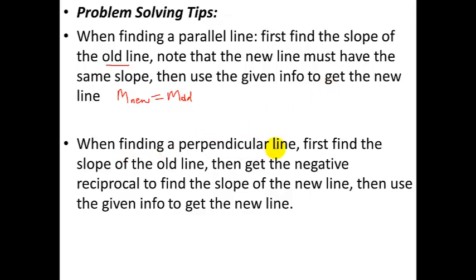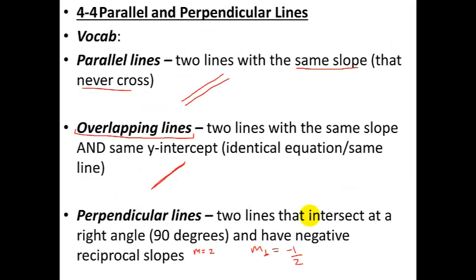However, when finding a perpendicular line, first you find the slope of the old line, and the slope of the new line, which is perpendicular, is negative 1 over the slope of the old line. So negative reciprocal. Flip it upside down and change the sign. And again, once you know the new slope, you can use that new slope to get the equation of the new line.